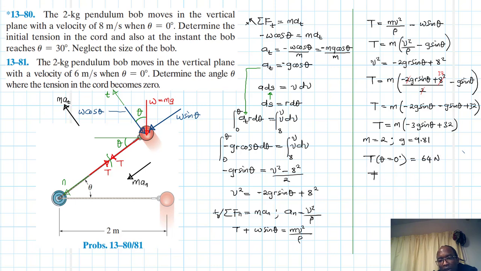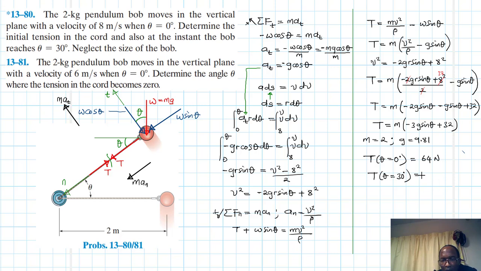And then at theta equal to 30 degrees, this just becomes minus 3 by 9.81 by 0.5 plus 32, okay, and then everything by 2.